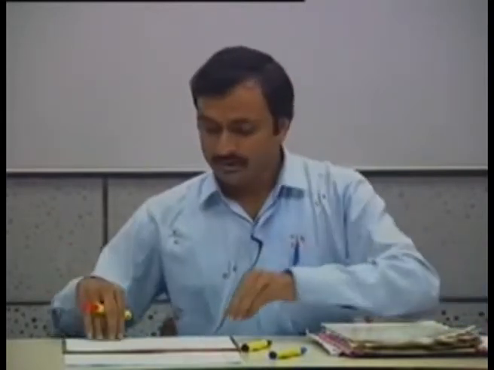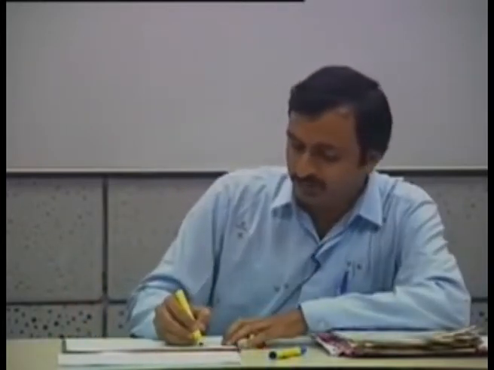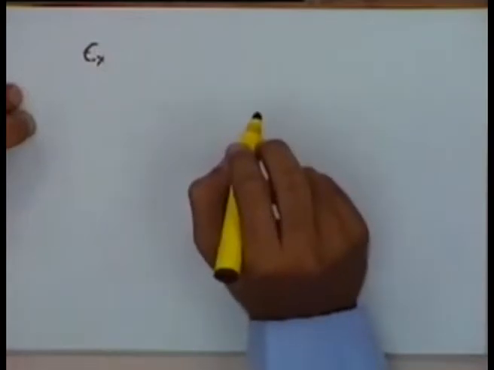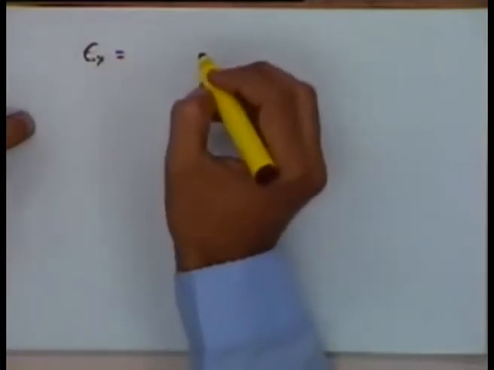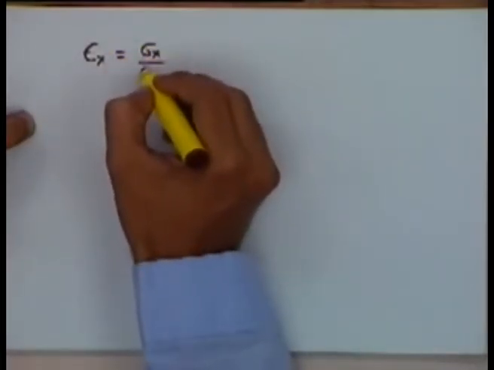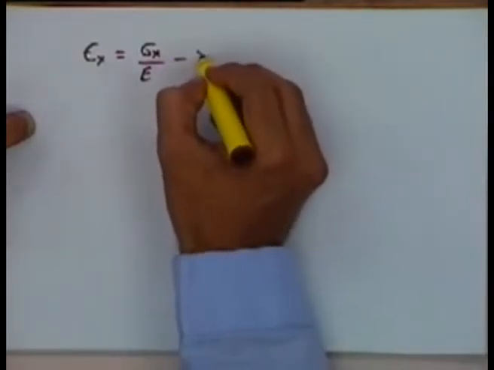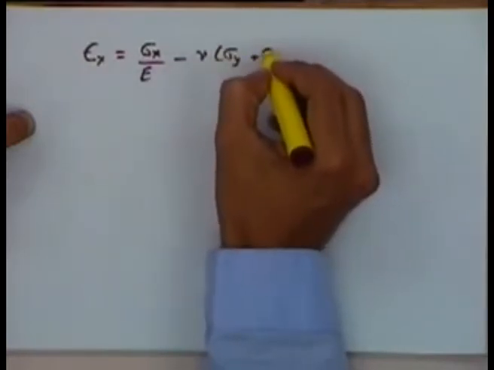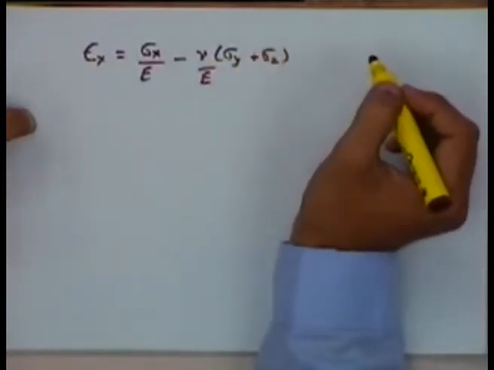Traction forces are per unit area. The next set of equations: if you are talking of the strain epsilon x, and we want to express the strain in terms of the stresses, epsilon x will be equal to sigma x divided by E, where E is the Young's modulus, minus nu times sigma y plus sigma z divided by E, where nu is the Poisson's ratio.